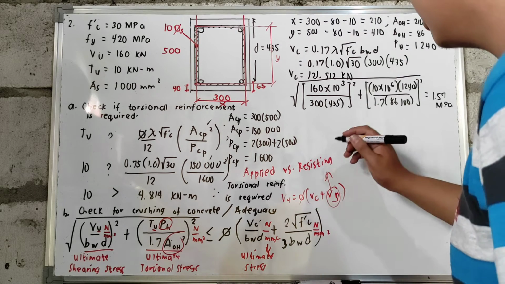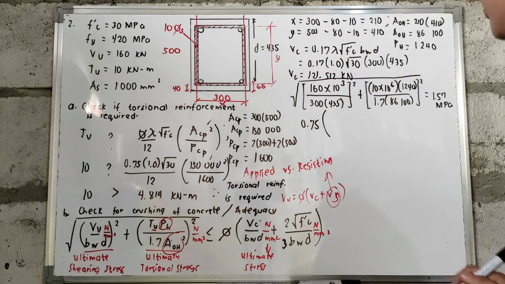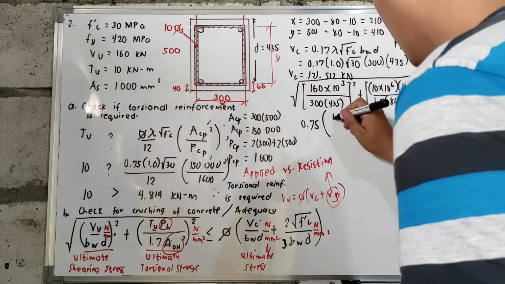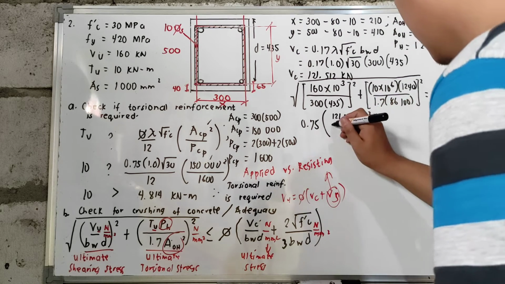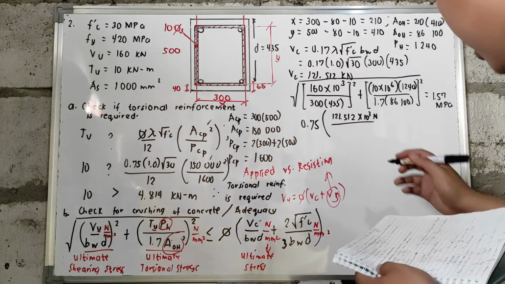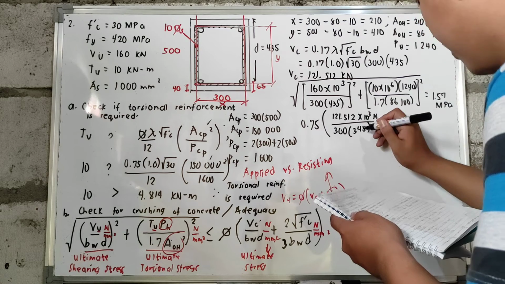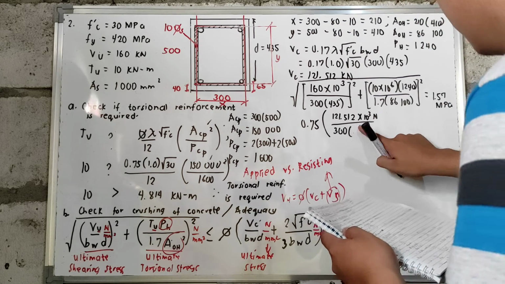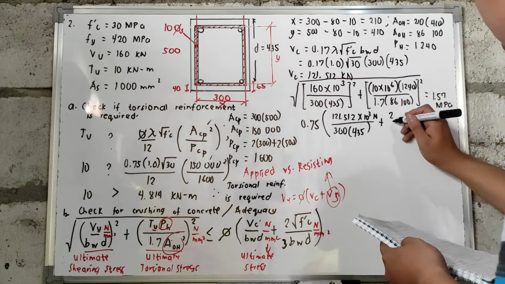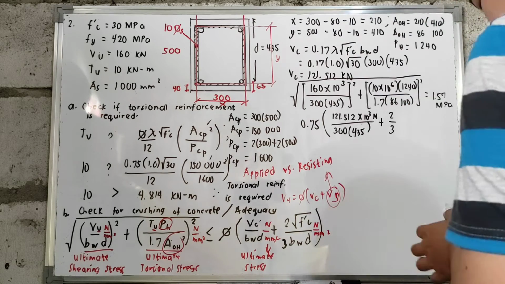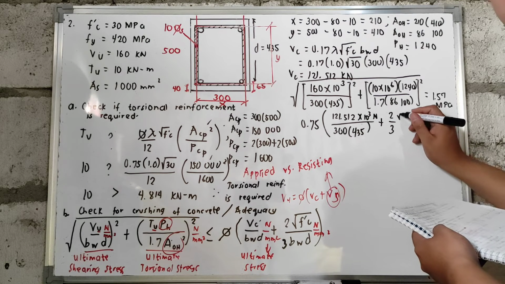So for this one, yung value niya will be 0.75. Yung given na VC natin, we have 121.512 times 10 raised to 3 Newton over yung area natin na 300 multiplied by 435, plus 2/3 of square root of f prime c.